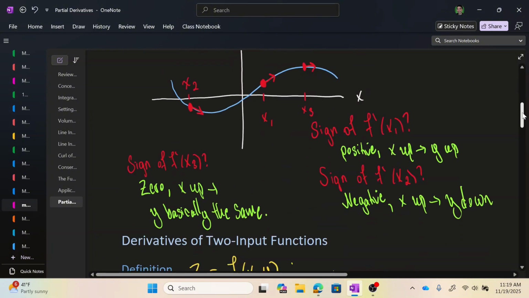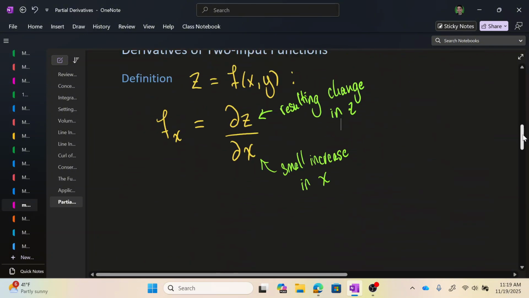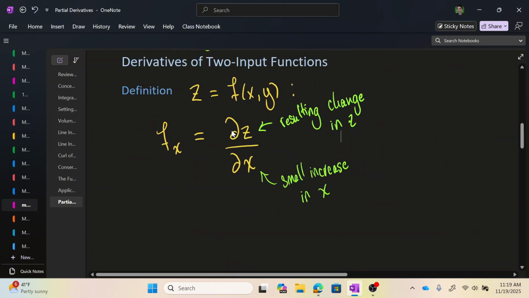And what we've written down here is the symbolic notation delta z over delta x. This little swoopy guy here is a lowercase Greek letter delta. So this is the notation that's used when dealing specifically with a function of two input variables, and we're calculating a partial derivative. Delta z over delta x, this lowercase delta.